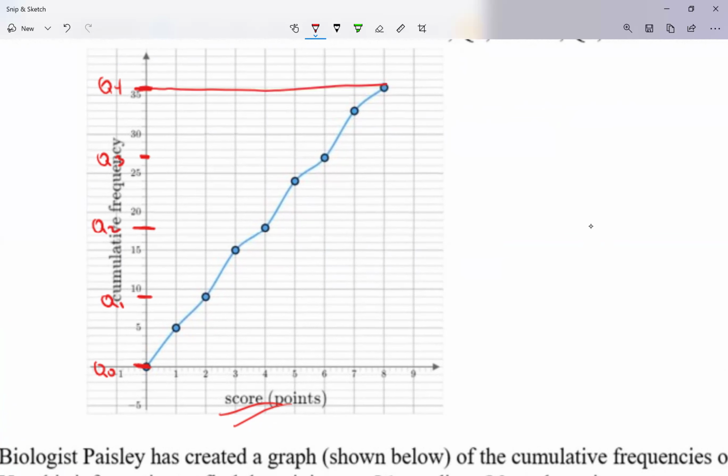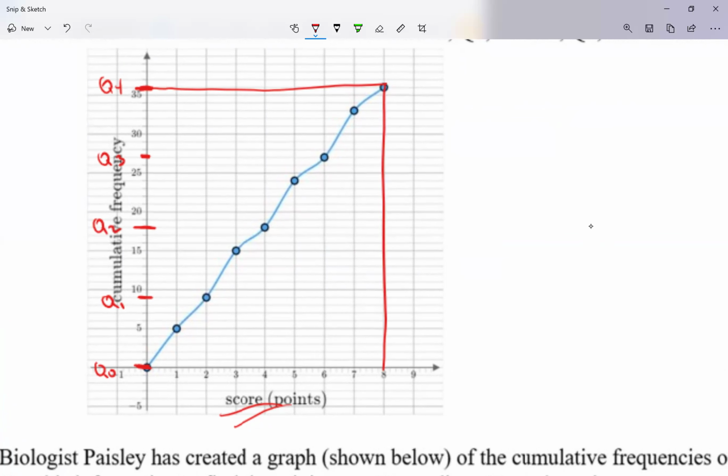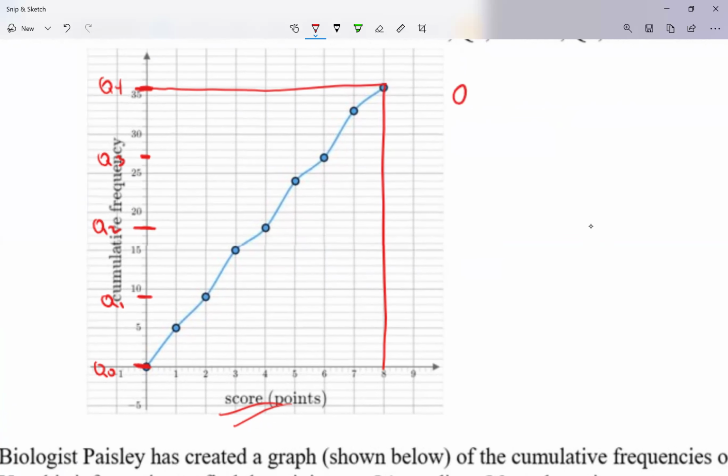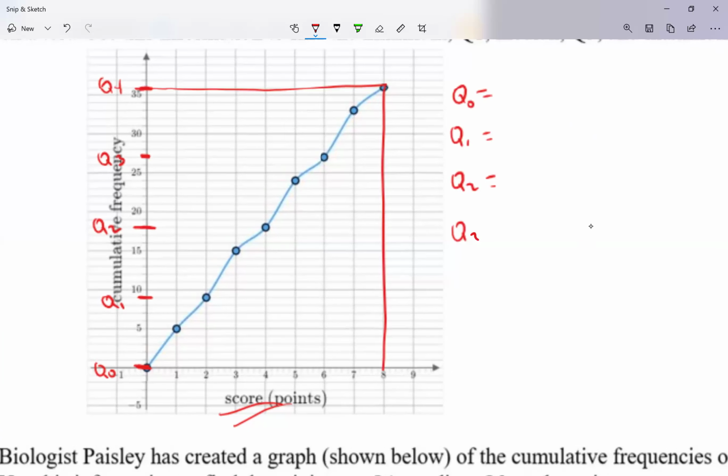Let me see, where do I meet here? So it gives me my quartile 4 is 8. It's interesting. So let me write here my quartile 0, which is the minimum, quartile 1, quartile 2, which is the median, my quartile 3, and my quartile 4. I just found out my quartile 4 is 8.